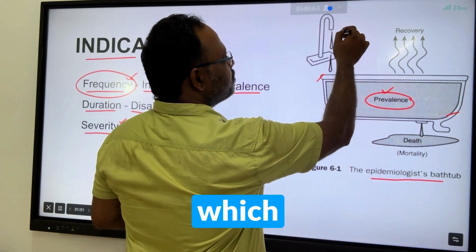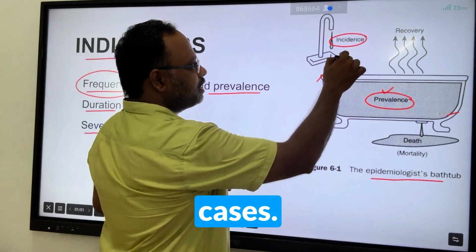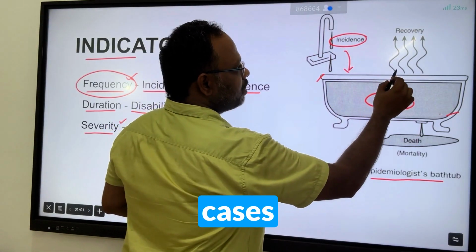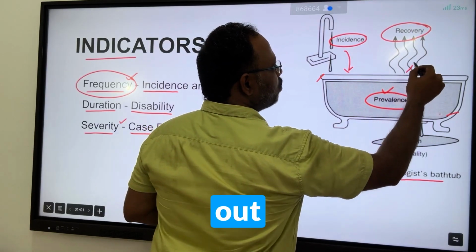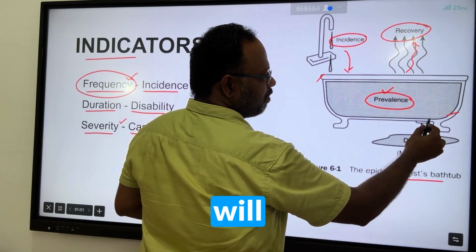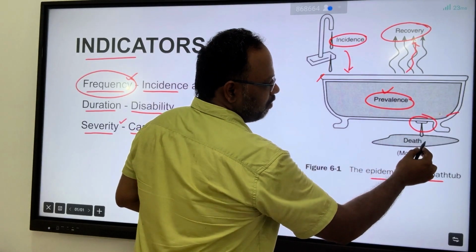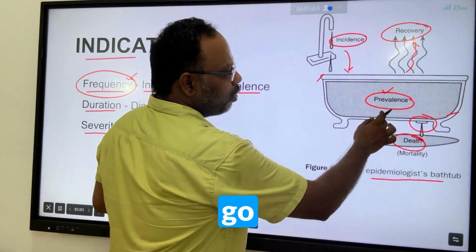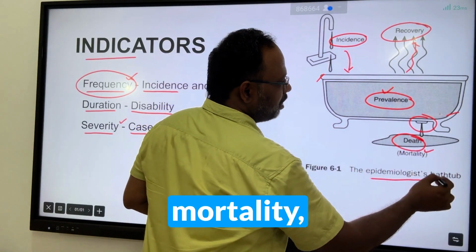The tap which is opening provides the incidence, that is new cases into the community, and some cases will get recovered and get evaporated out of the tap, and there will be a bottom opening where there will be leakage, where the cases will die and go out of this community. So that is due to the death or mortality.